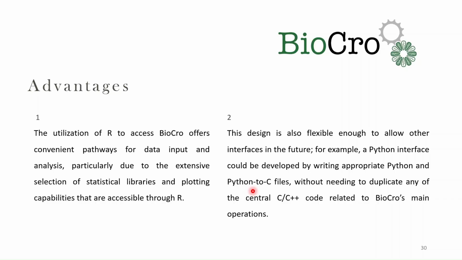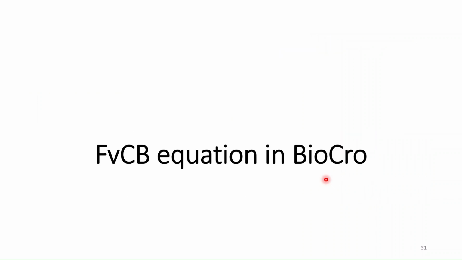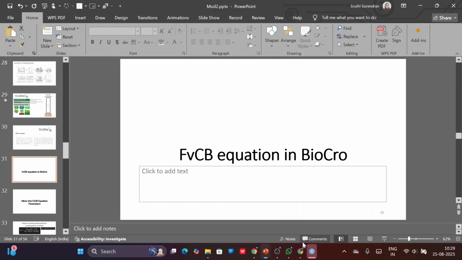Then there is a Python to C file conversion possible. So the coding has been done in such a way that if tomorrow you want to run it in Python or R or any other language, there are codes which will help in converting the base files into the appropriate language that you require. So let us go into the modeling part of BioCro.